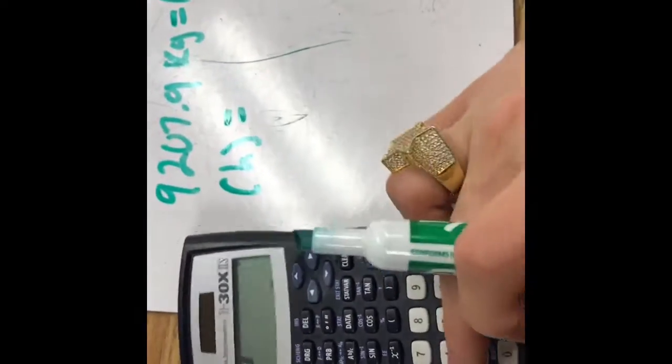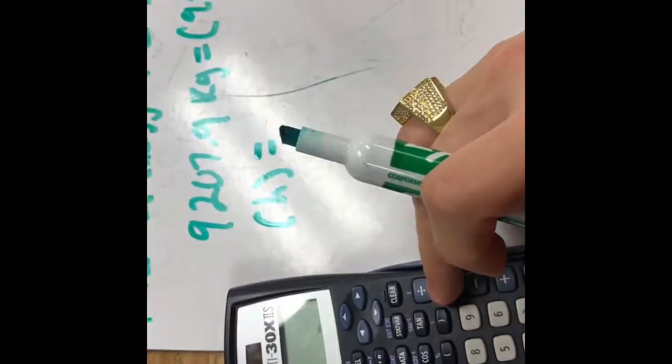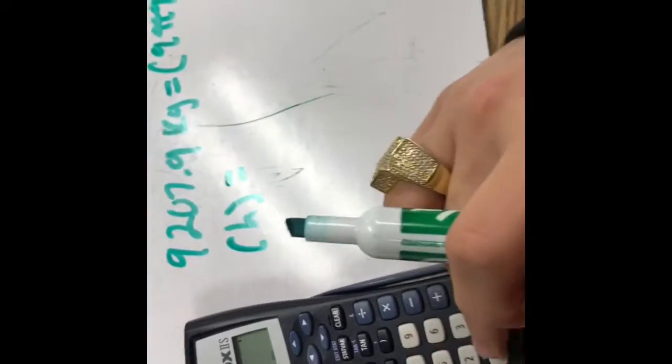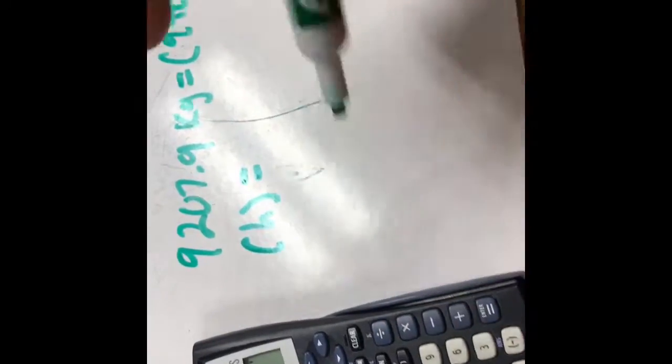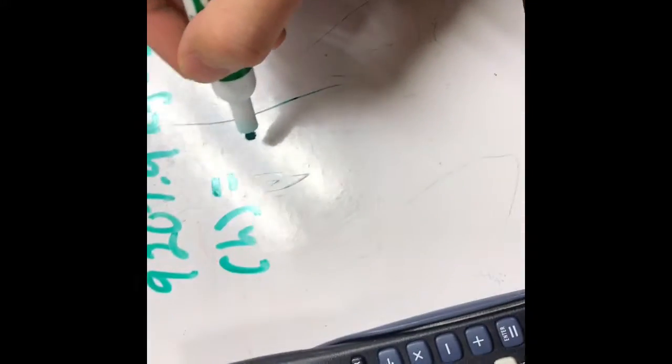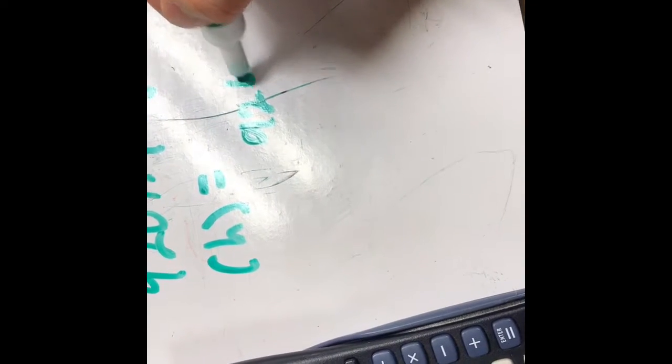And the g for the acceleration is 9.8. Now for this calculation, I'm going to put 9,449 times 9.8, and after that, I'm going to divide it.